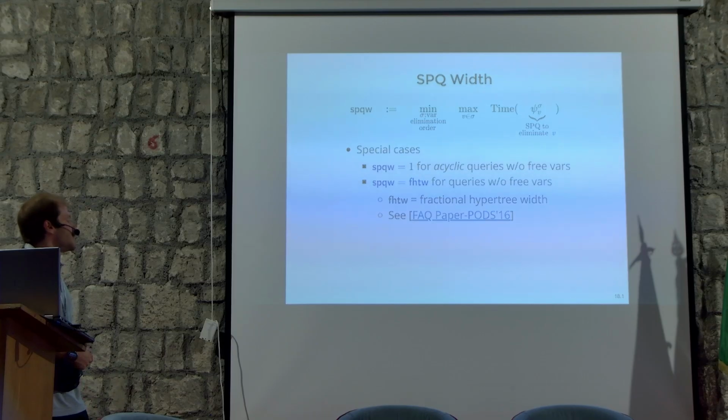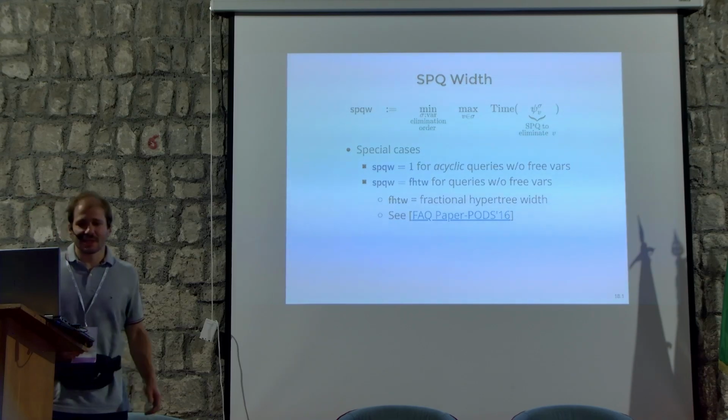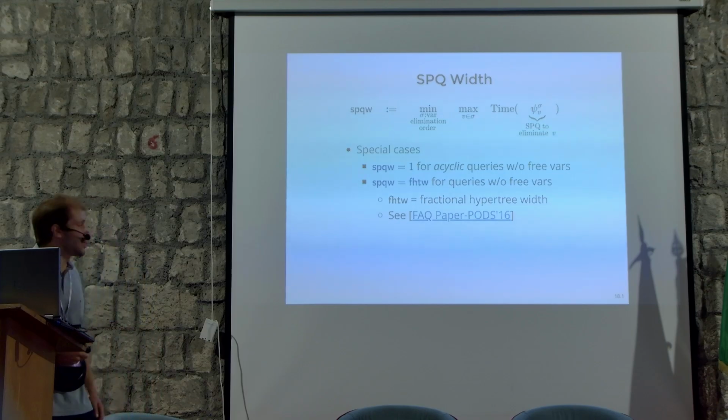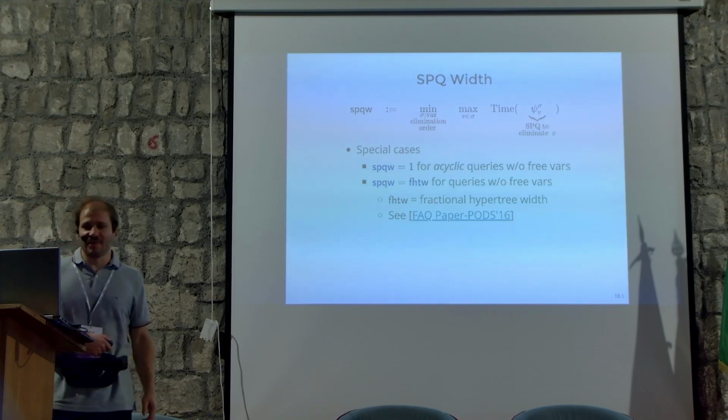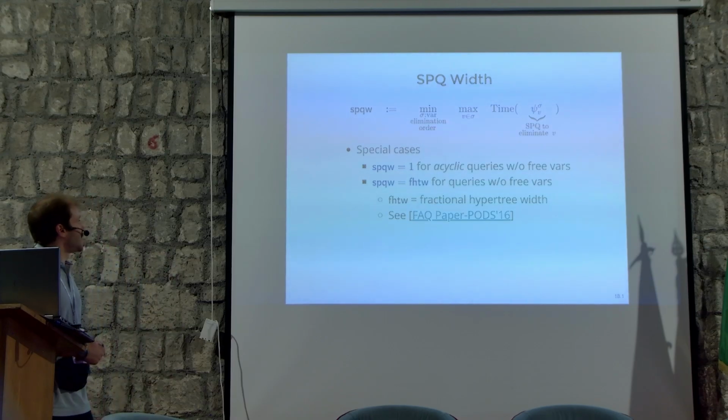In general, it corresponds to some pre-existing notions of width in the database theory literature in different scenarios, which tells us that it's a stable or natural notion to deal with. So the main takeaway is that now we have an algorithm to solve SPQs, which is variable elimination amended with worst-case optimal joins. And moreover, we now have a clear parameter or function to measure the runtime of a given SPQ, which is this. So this is the main takeaway so far.